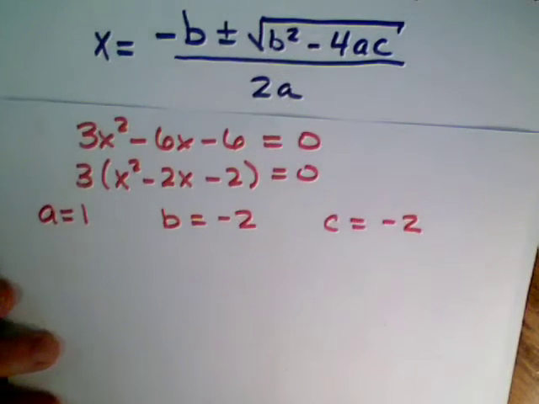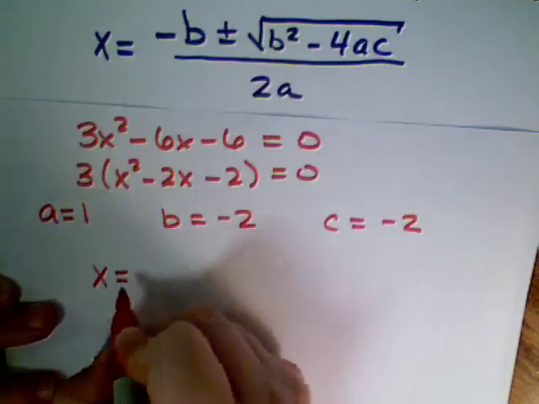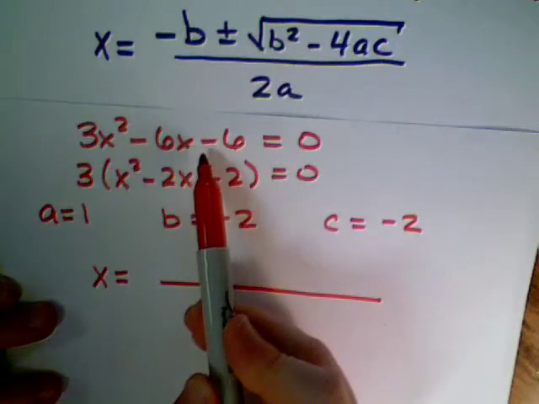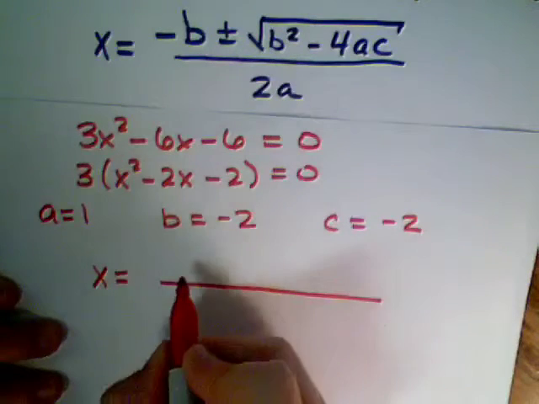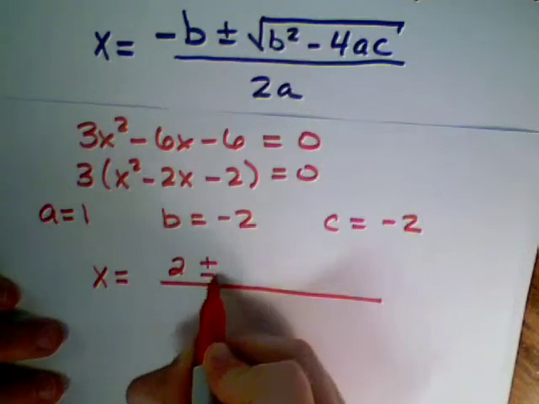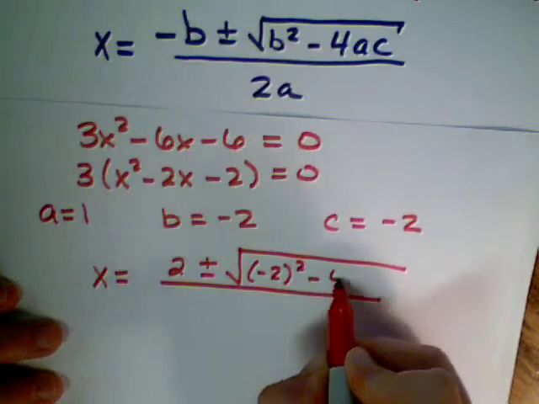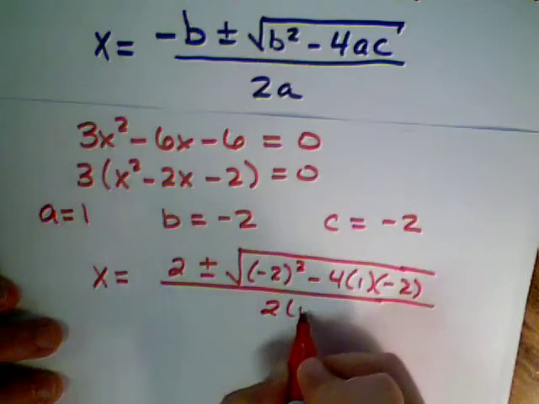Okay, let's see if I can keep that formula in the frame. So we're looking for possible points of inflection. They're going to be the zeros of this polynomial, equivalently the zeros of this polynomial. x equals opposite b, plus or minus the square root of b squared minus 4 times a times c, all over 2 times a.